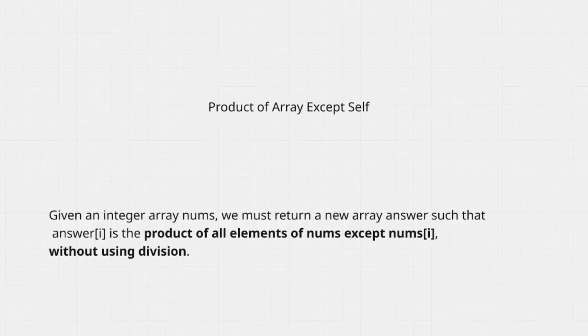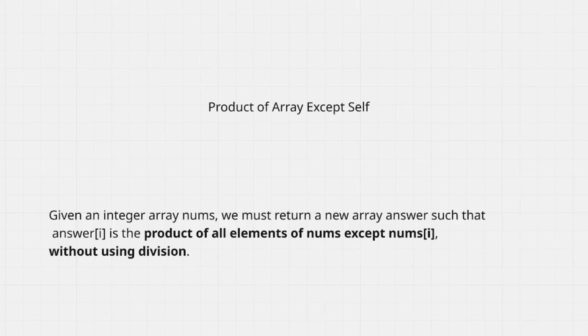So let me first define the problem clearly. Here is our definition: given an integer array nums, we must return a new array answer such that answer of i is the product of all elements of nums except nums of i, without using division.